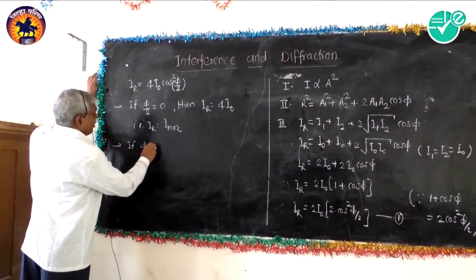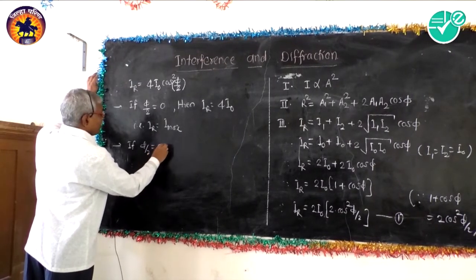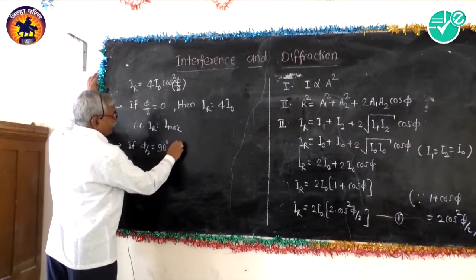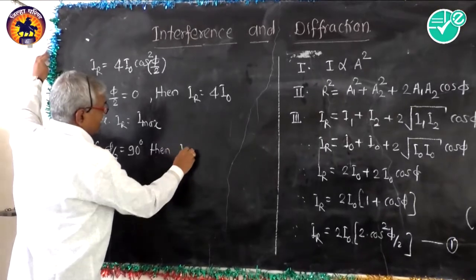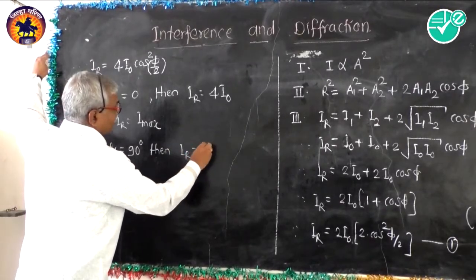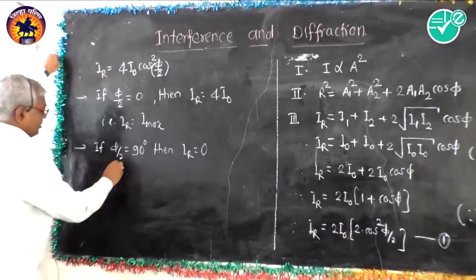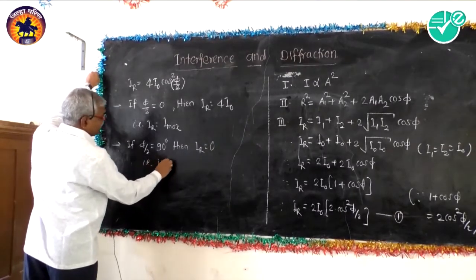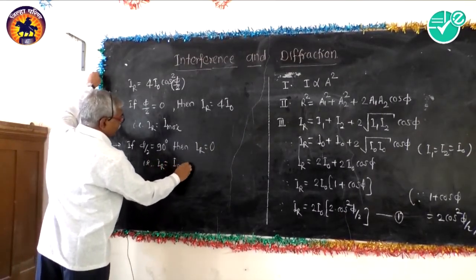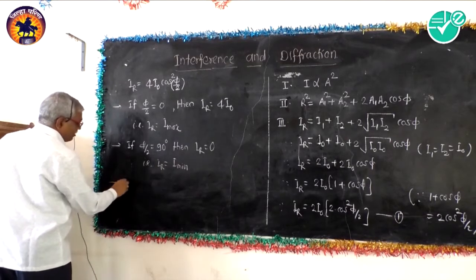If phi by 2 is equal to 90 degree, then IR is equal to 0, that is resultant intensity is equal to minimum intensity.